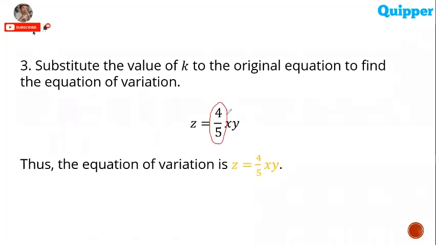So we have this value 4 over 5 because that's the value of k. Using the original equation, you will have z is equal to 4/5 xy as your equation of variation. That's how we solve for the equation of variation.